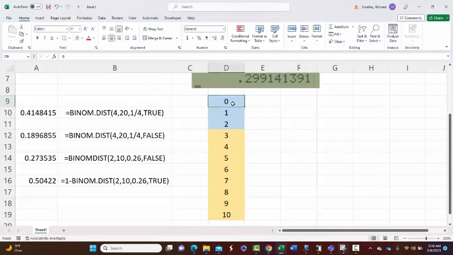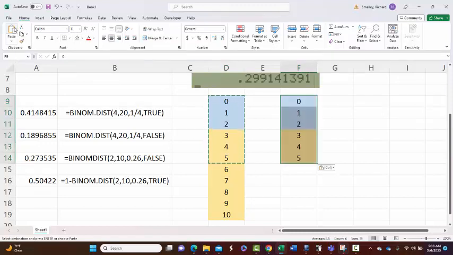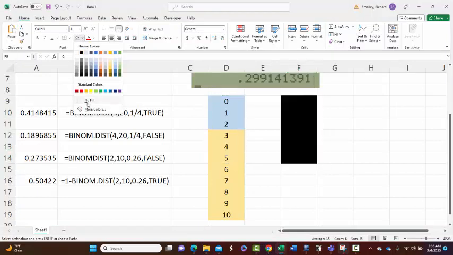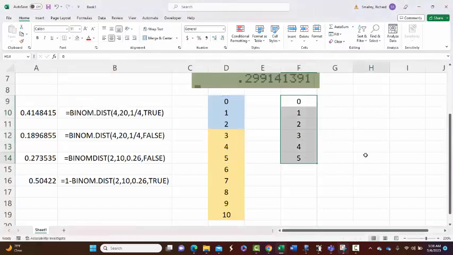Let me copy these. Yeah, I need the no fill. We'll copy these again, because I need 2 columns to illustrate this. Oh, well, okay, I messed up.